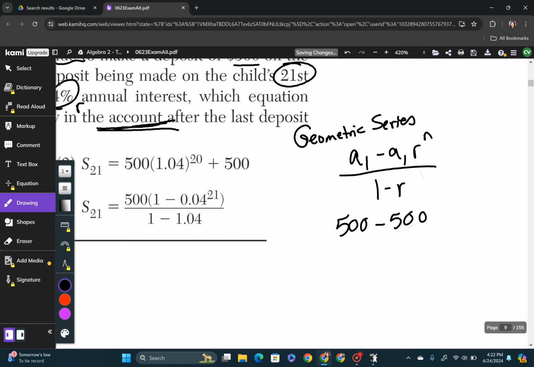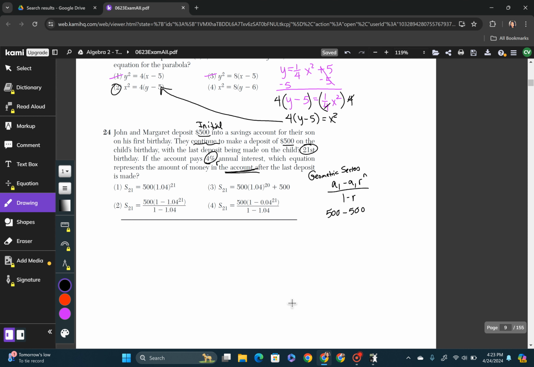And that's going to be 104%, which I have to change to a decimal here. So that's 2 places to the left. So my R is equal to 1.04. So let's put that down, 1.04 to the, and this is happening for 21 years, all over 1 minus our R, which is 1.04.